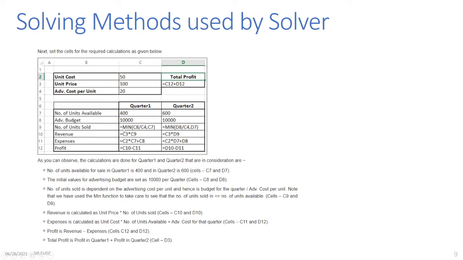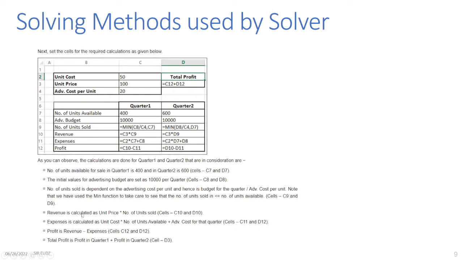The number of units sold should be C8, the budget, divided by the cost, or 400, whichever is lesser, because 400 is the maximum, the units available. If this is higher than 400, we follow 400. But if this is lesser than 400, then we follow C8 divided by C4. The same is true with the second quarter.